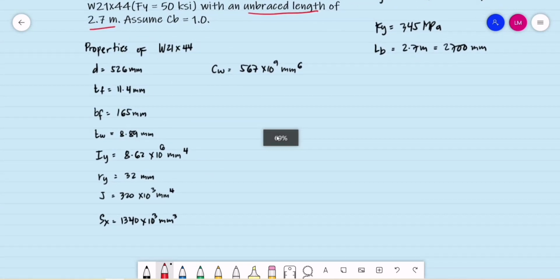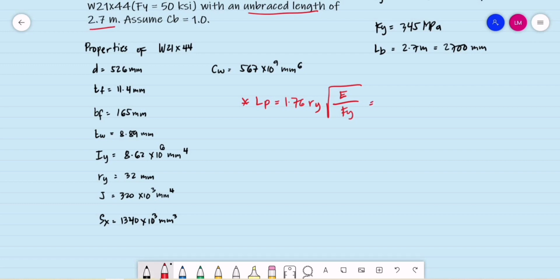These are the properties of the W21 by 44. So L sub P is equal to 1.76, the radius of gyration with respect to the y-axis, multiplied by the square root of the modulus of elasticity of steel divided by Fy.